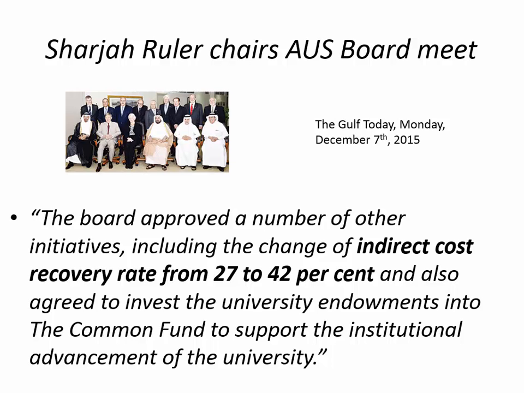And so the university, what they do is they essentially are charging a tax on each dirham that's spent. If the professors who have that research money want to buy a machine that costs 100,000 dirhams, then the university is going to charge now, they used to charge 27%, now they're going to charge 42%.